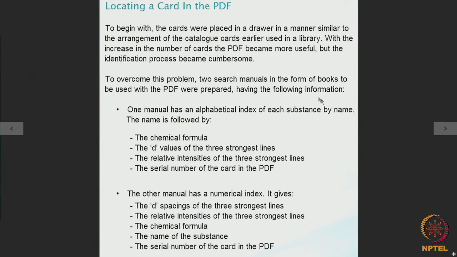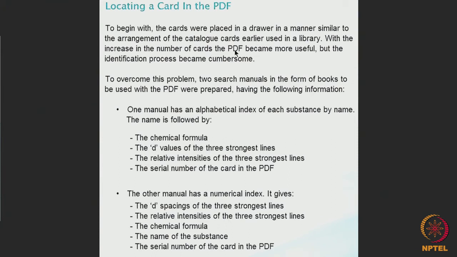To begin with, these cards initially were placed in a drawer in a manner similar to the arrangement of the catalog cards earlier used in a library. With the increase in the number of cards in the powder diffraction file, the identification process became cumbersome.